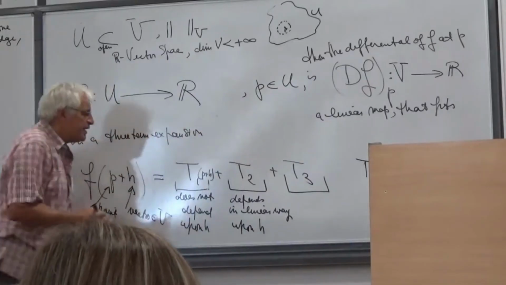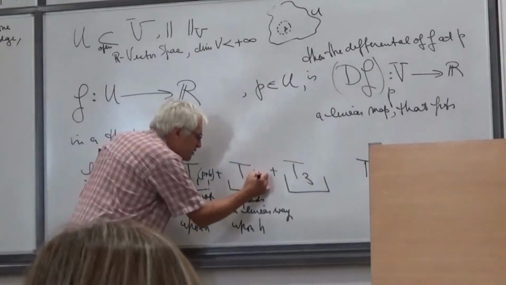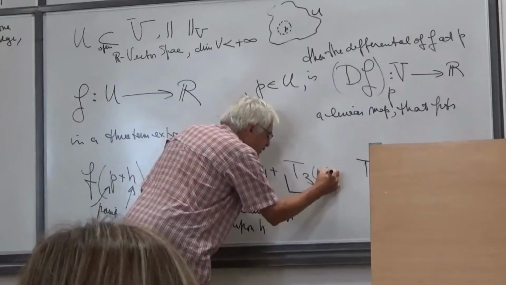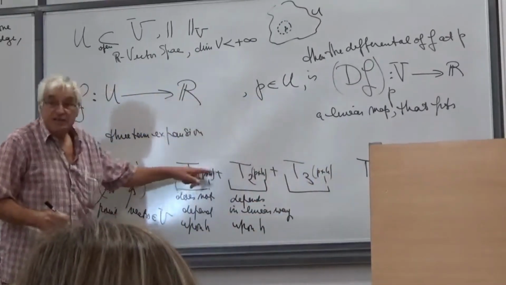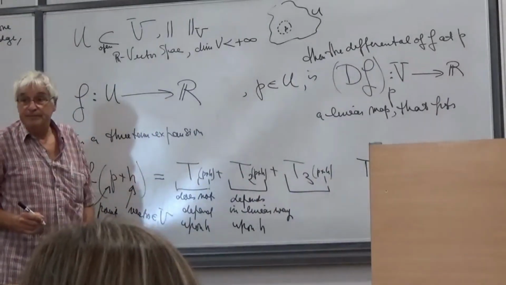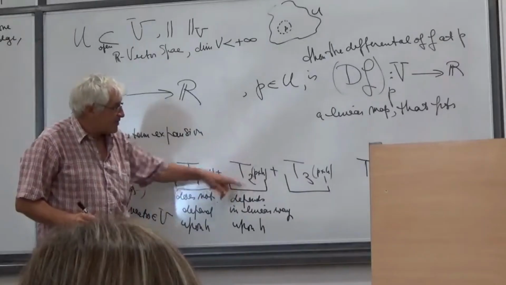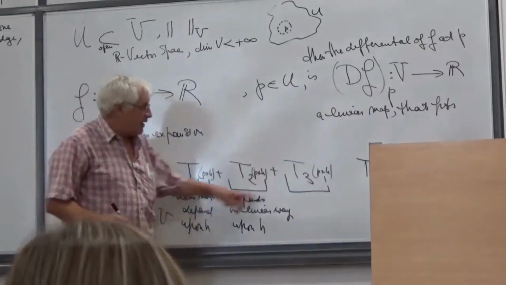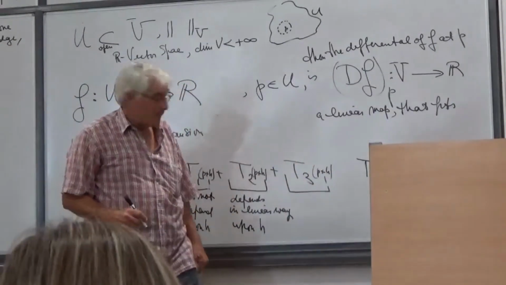value of P plus h. This is a function of P plus h. It is a function of P plus h, but I wrote does not depend on h. And here, it does not so depend on this P, but depends on h. And here, I write something different.